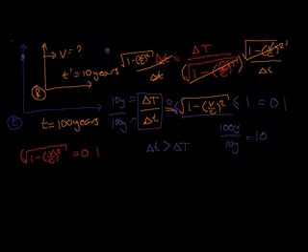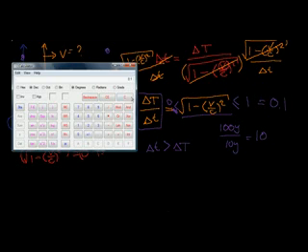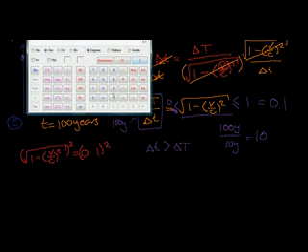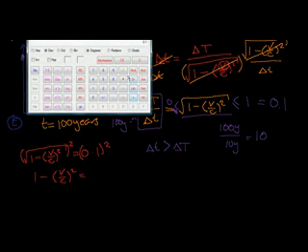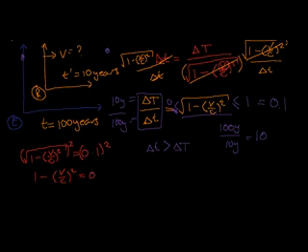We can get rid of the square root sign by taking the square of both sides. I'll bring up a calculator. I've already got 0.1 here just so you can follow me. Now, this square root and the square are going to eliminate, so we simply get 1 minus v squared over c squared, which is equal to 0.1 times 0.1, which is 0.01.